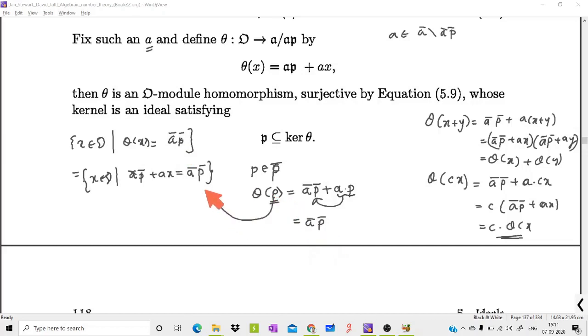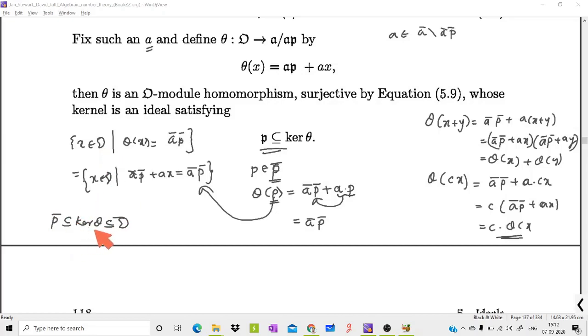This shows that P is an element of the kernel. Clear? So if we choose any P belonging to the ideal P, we get that P is an element of the kernel. So we have this inclusion: P is always contained in kernel theta, which is contained in O. This is a subset of O.